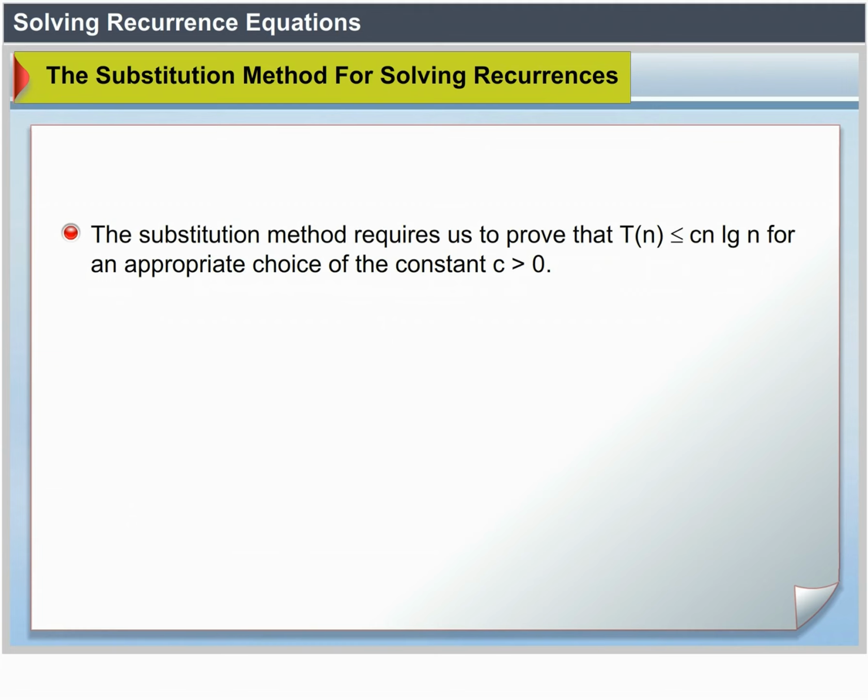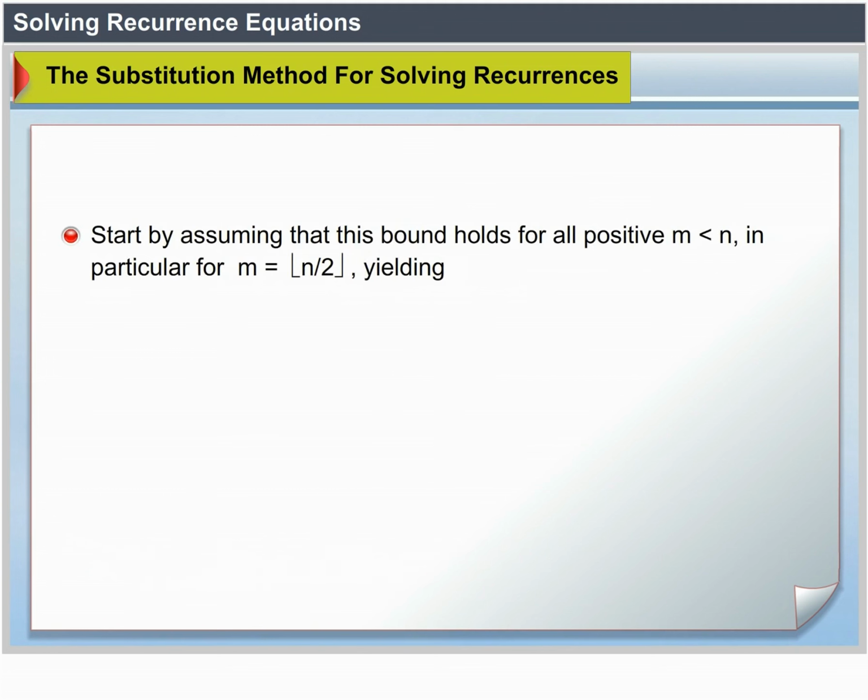Start by assuming that this bound holds for all positive m less than n, in particular for m equal to floor of n by 2, yielding T of floor of n by 2 less than or equal to C floor of n by 2 log floor of n by 2.